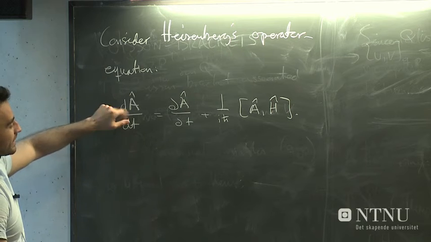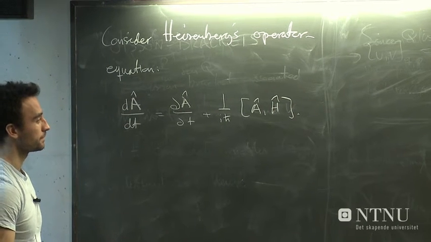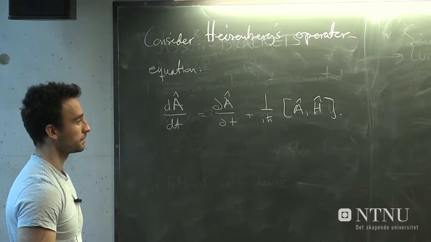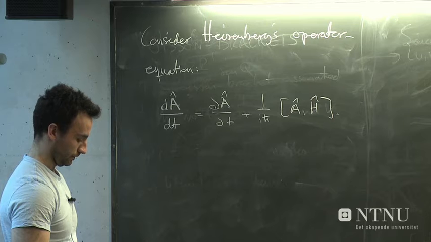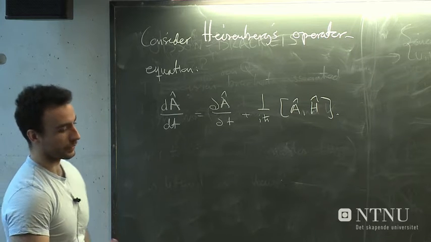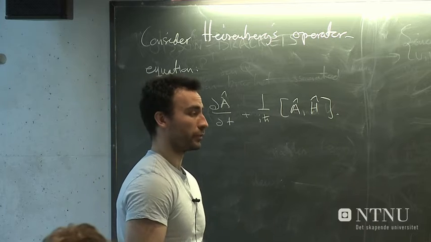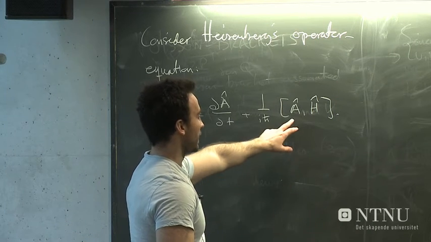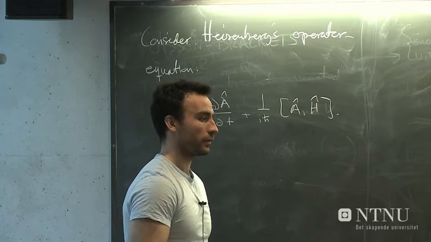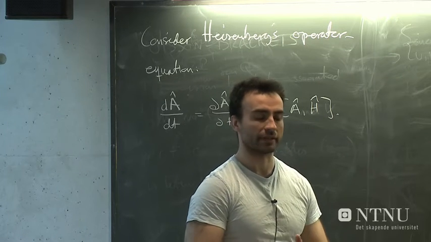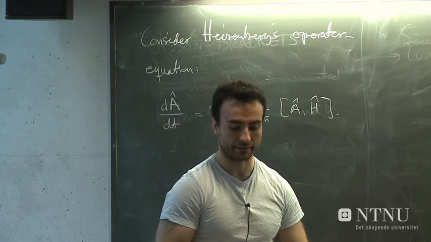So I've added the hat superscript here to indicate that we're dealing with operators. So the connection here is very similar to what we consider here for Poisson brackets, namely that if the commutator between an operator and the Hamiltonian is 0, well, that means that the physical quantity corresponding to that operator is preserved or conserved, time invariant.